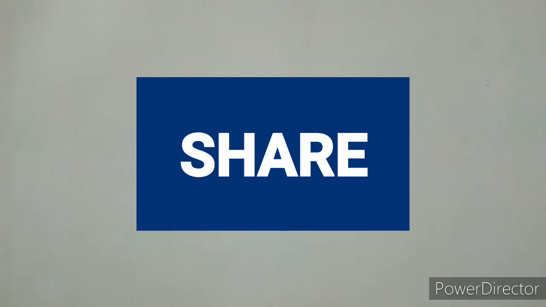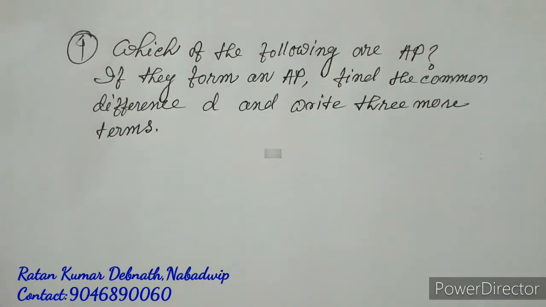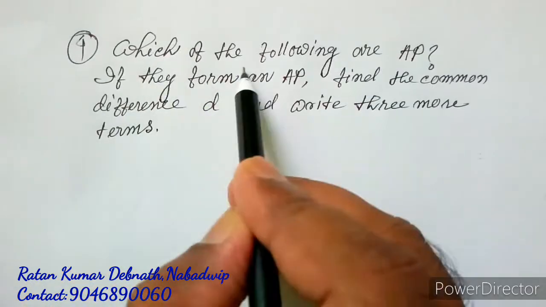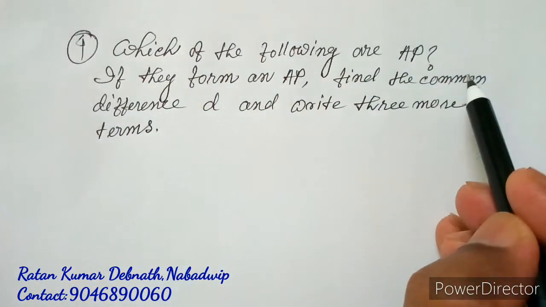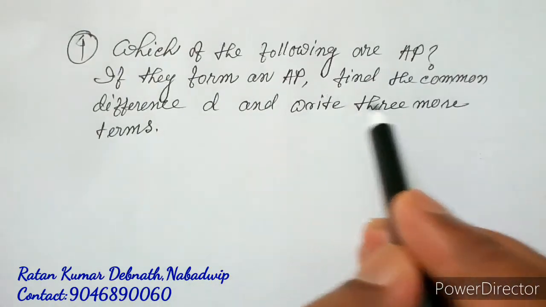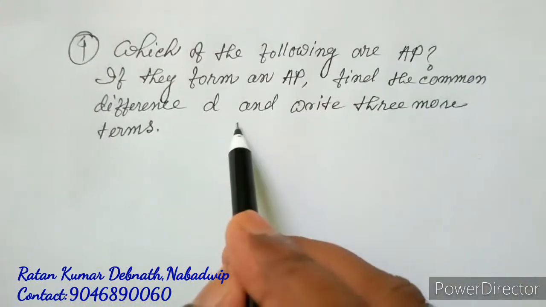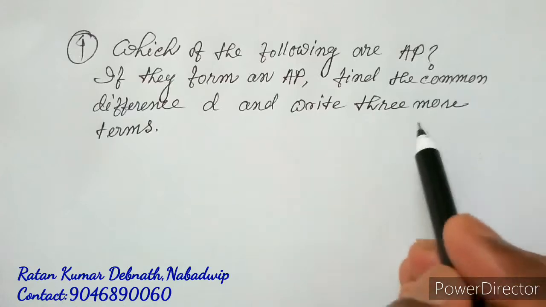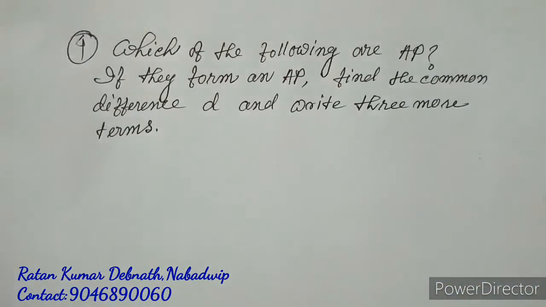Let's start the class. Question number 4 on the screen. Which of the following are AP? If they form an AP, find the common difference d and write 3 more terms. There are 15 sums in question number 4.